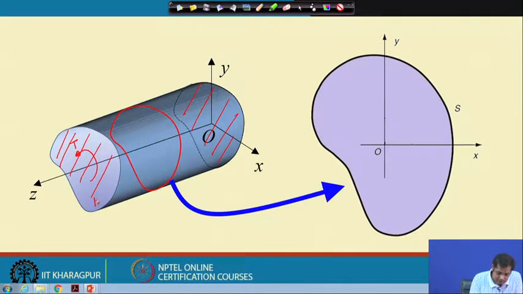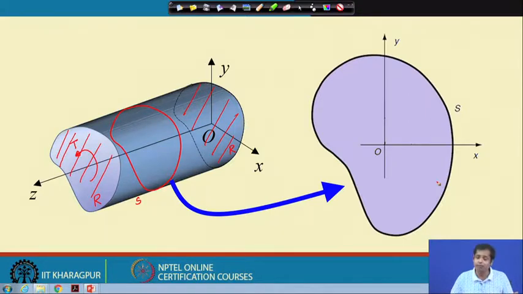Suppose these ends are denoted as R, and between these two ends we have the surface of this solid, and suppose this surface is S. So, when we write boundary conditions, we have to specify them on both S and R. Let us start with S, and then we see what the boundary condition on R is.